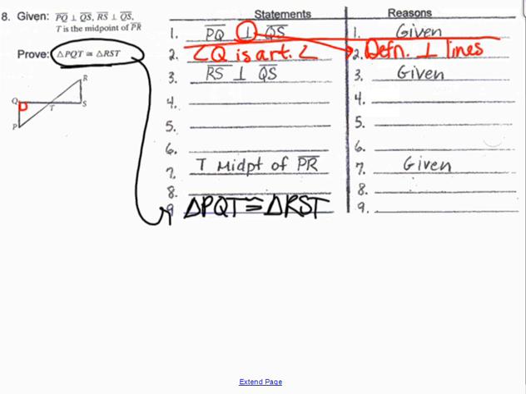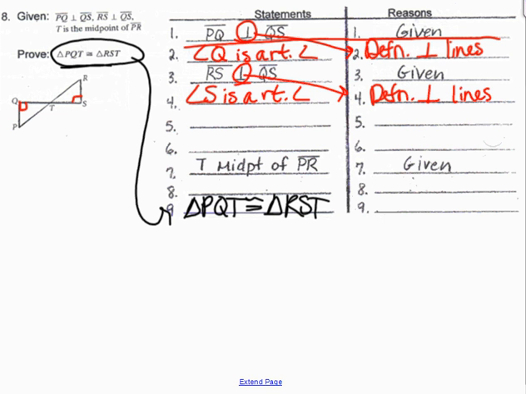Here's another perpendicular. So where's RS? It's perpendicular to QS. Well, it looks like I just got another right angle, so I'm going to say that. I'm going to say angle S is a right angle. It would be the same reason as the other one. I see perpendicular, so I know that's going to be definition of perpendicular lines. But it's still not a congruent part.